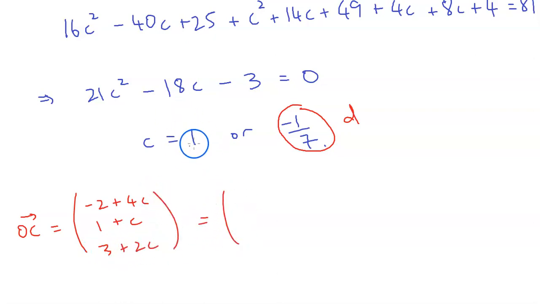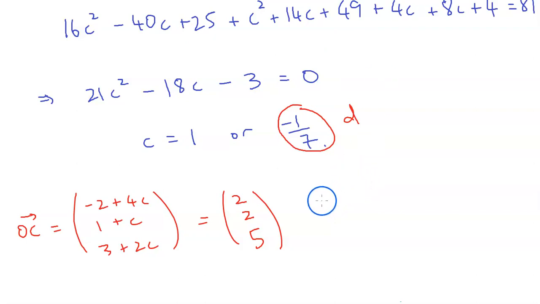Putting in c = 1, we get -2 + 4 makes 2, 1 + 1 makes 2, and 3 + 2 times 2 makes 7. Wait, did I say 7? That was pretty dumb. It's of course not 7. c is equal to 1 here, so that would be 3 + 2 makes 5. Silly me.